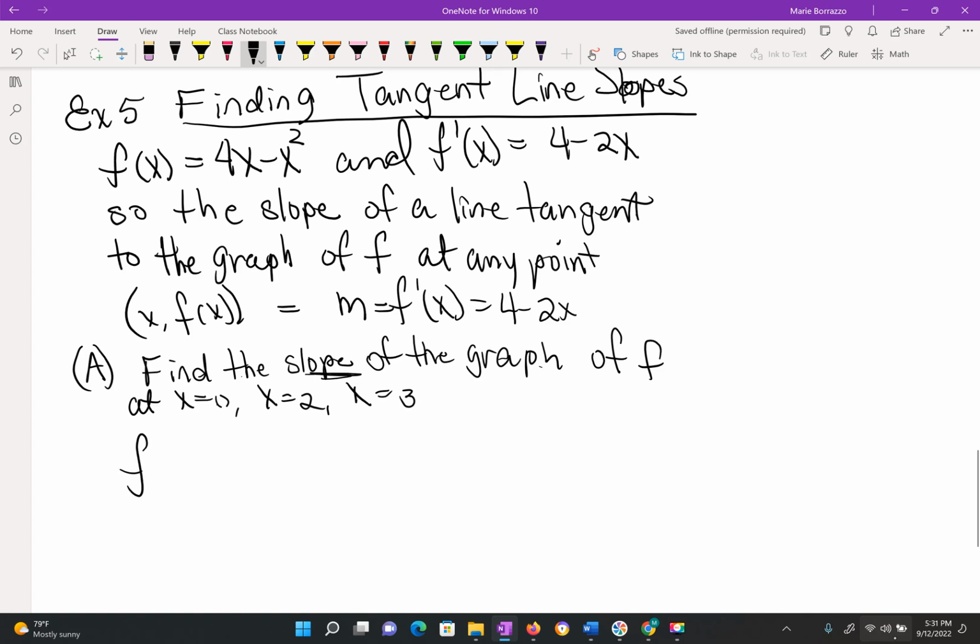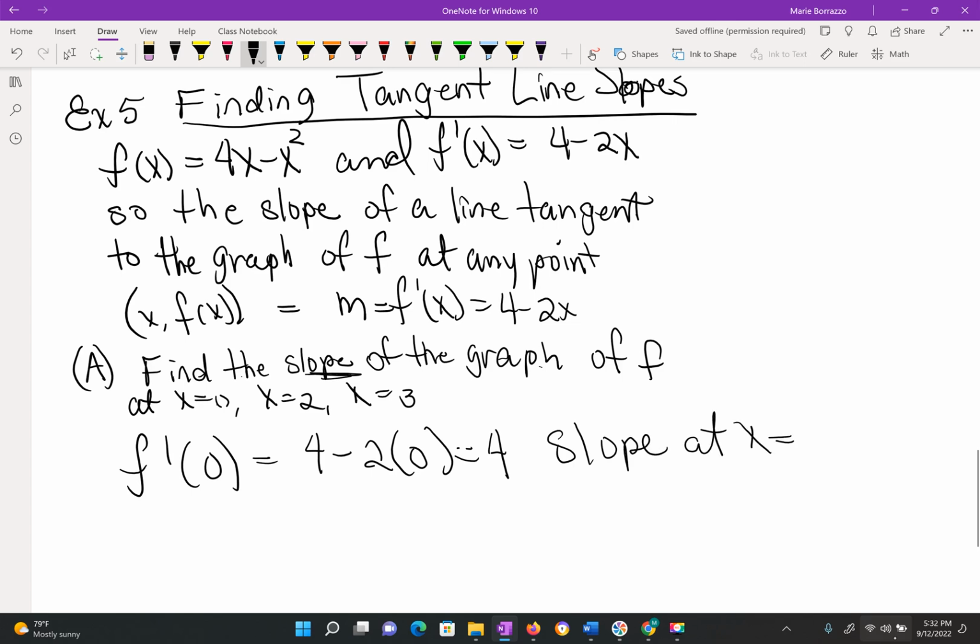So we're going to start with the first derivative at 0 equal to 4 minus 2 times 0, which gives us 4, which is the slope at x equals 0.